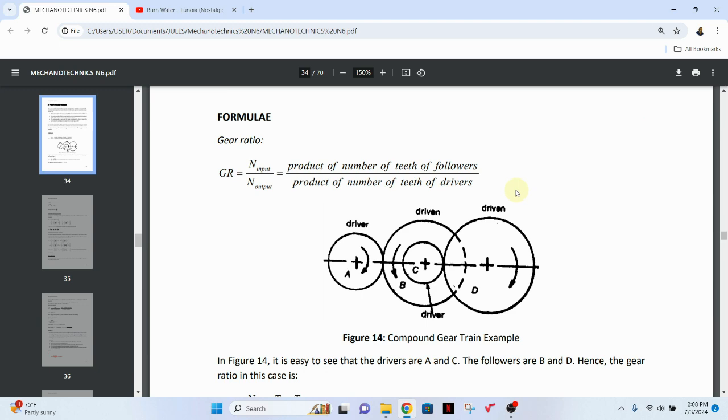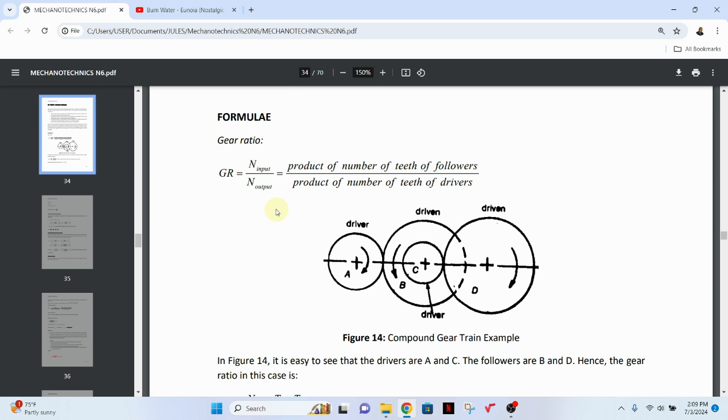Okay, and when I say speed here, I am really referring to the rotational frequency, which is going to be given to you in rotations per minute or rotations per second. Okay, and of course, you know by now that we use the symbol N for rotational frequency. Okay, so the gear ratio is equal to the input rotational frequency divided by the output rotational frequency.